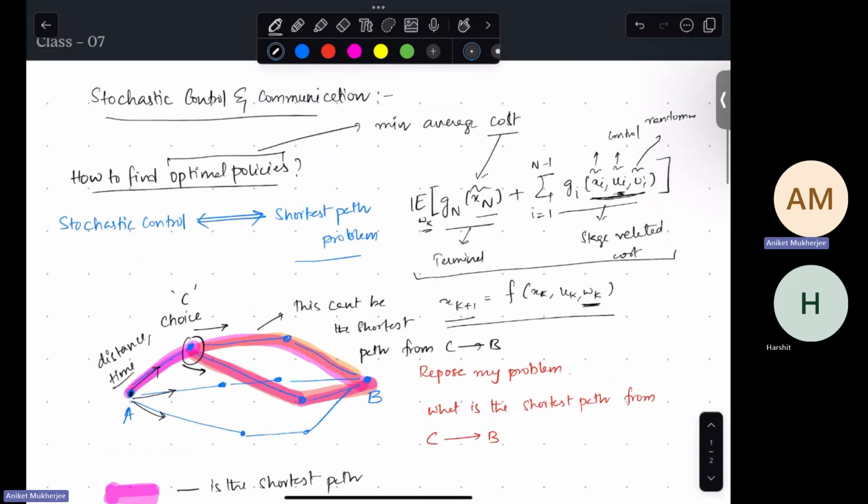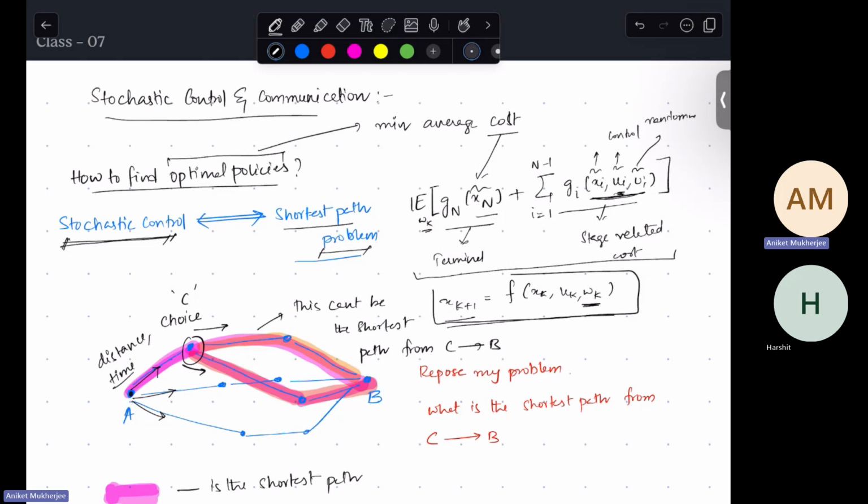Okay, so I'll just do a recap of what I was explaining in the last class. In the last class, I was explaining parallels between the stochastic control problem and the shortest path problem. First, I'll go through what the stochastic control problem is. You have a system with dynamics x_{k+1} equal to f(xk, uk, wk), where xk is your state, uk is your control, and wk is your randomness in the system.